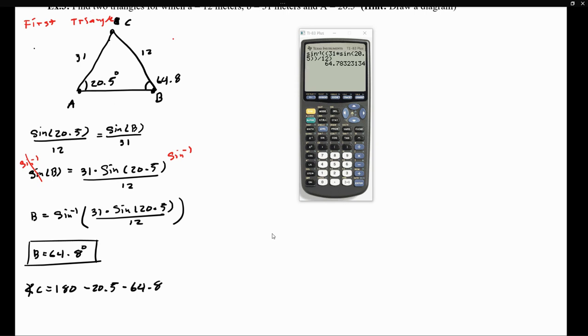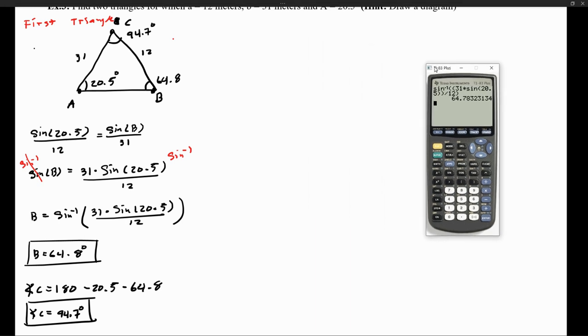And if we do this in our graphing calculator, let me just do it mentally. C is equivalent to 94.7 degrees. So now I know exactly what this angle is. This is 94.7 degrees. So the only thing that we're missing is side c.